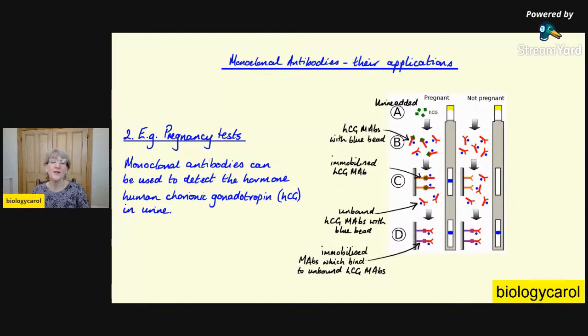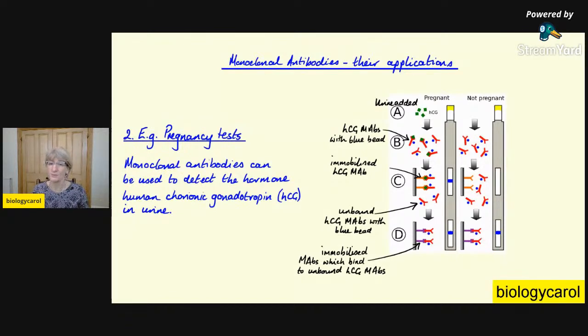And here there is another monoclonal antibody, again immobilized, stuck to the absorbent stick inside the pregnancy test, which binds to the unbound monoclonal antibodies with the blue beads attached. And that causes this blue stripe in this window. The blue stripe in this window tells the woman that the pregnancy test is complete.